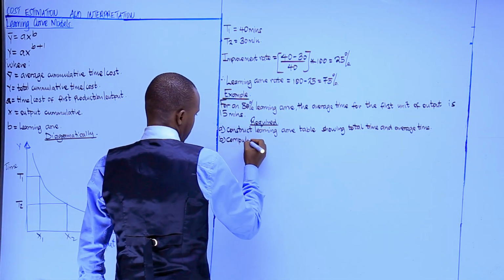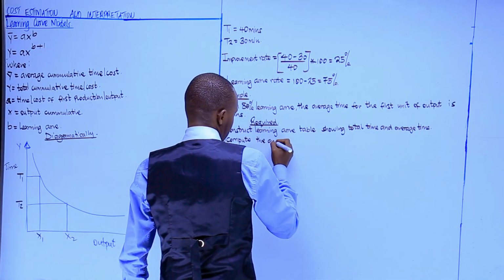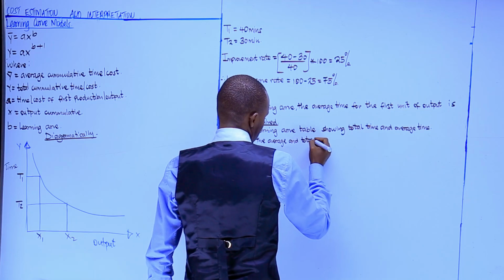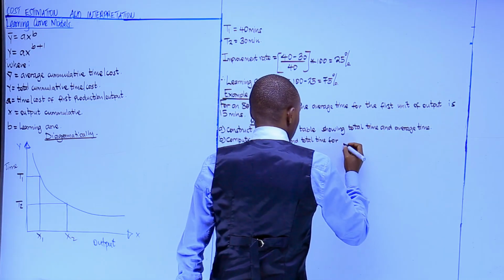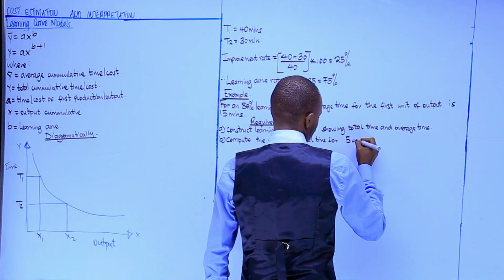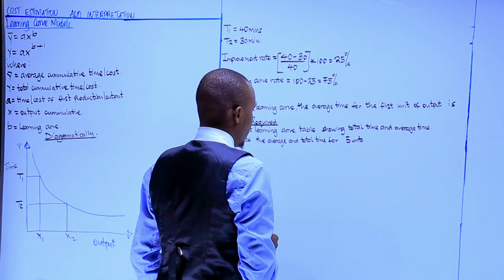Compute the average and total time for the first 5 units.